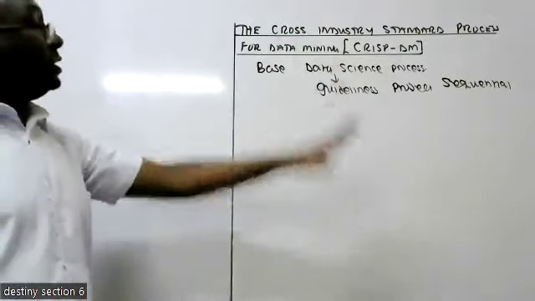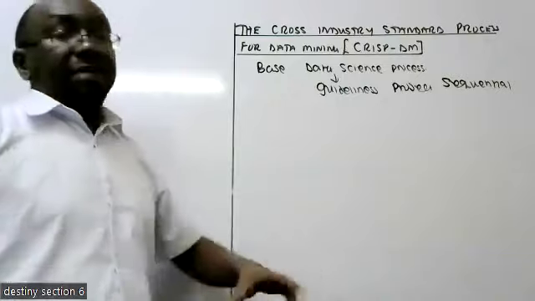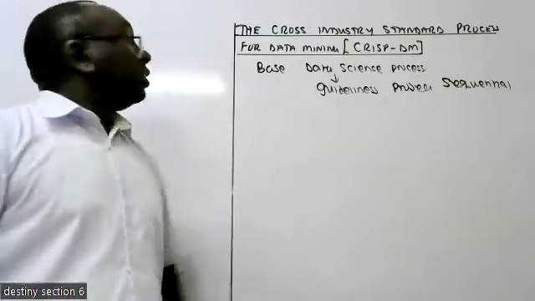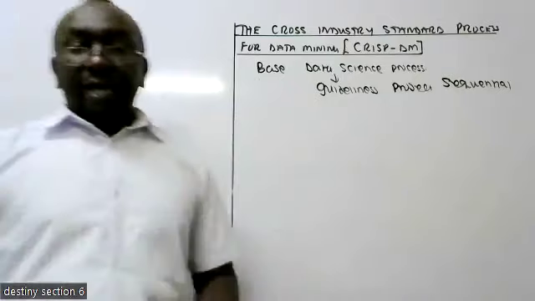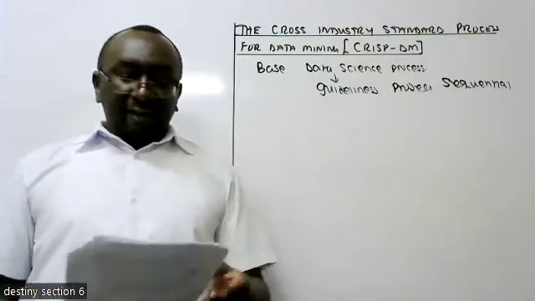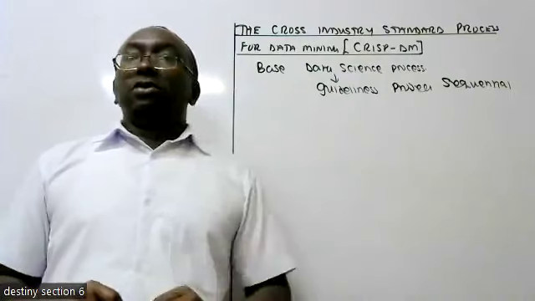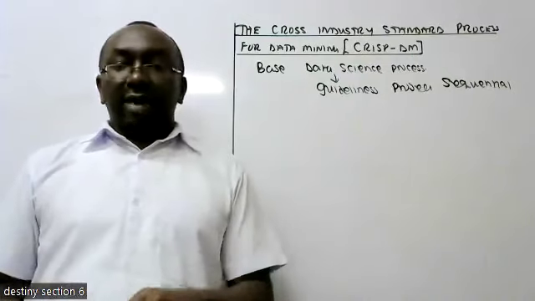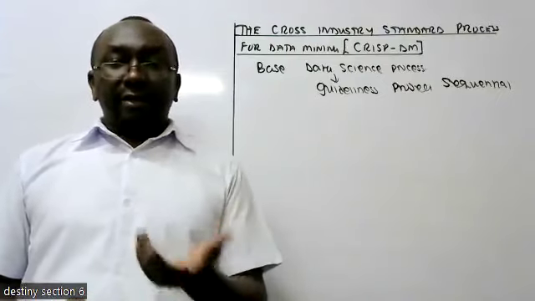Now, this cross-industry standard process for data mining, we are saying it is the base. This is like the foundation that we use for data science process. And we are saying data science process is simply a set of guidelines that defines how a team should execute a project. Maybe we want to launch a new unit, like we did the other day, launching the business data analysis course.